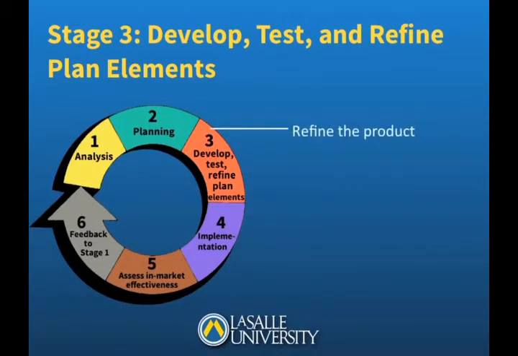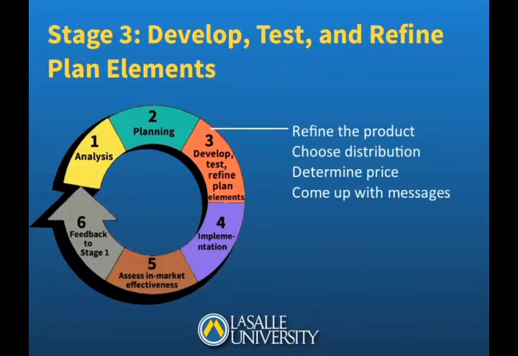So in this step, the elements of the marketing mix are developed and tested, and the program is refined. So we're going to, in this step, refine the product. We're going to choose the way that we distribute it. We're going to determine our price, and that could be, like I said before, an actual monetary price, or it could be a physical price, an emotional price, it could be time.